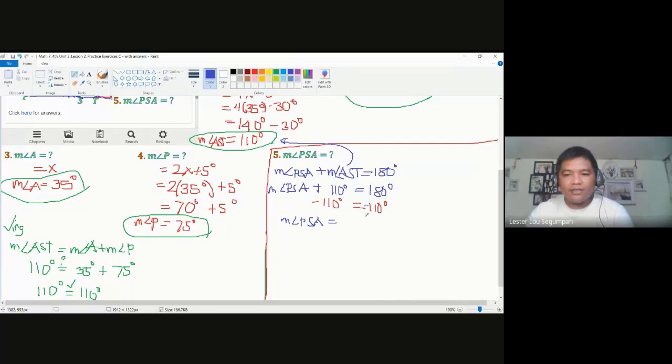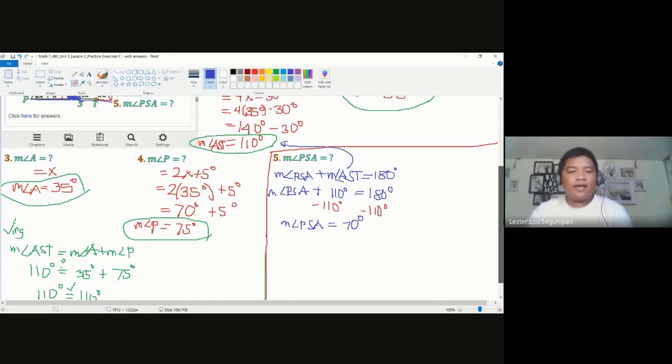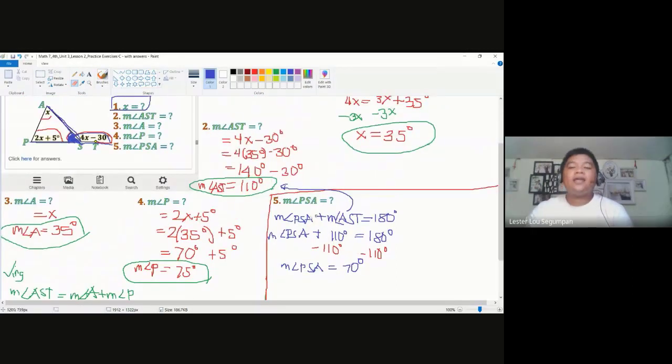So that would be 70 degrees. Let me write it properly. Okay, like that. So this is the answer for the measurement of angle PSA using the concept of linear pair.